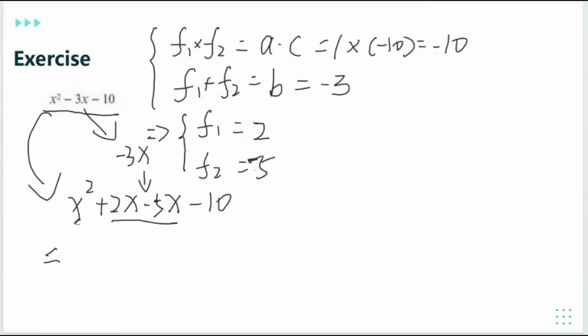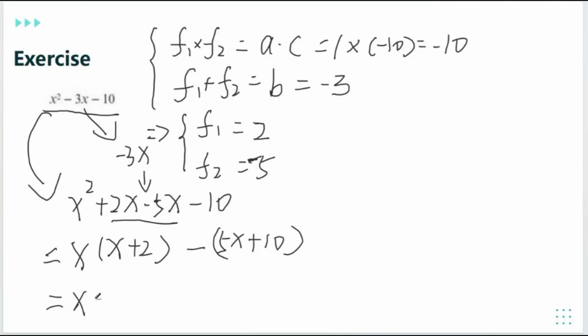Take the common factor x: x times x plus 2, minus 5x minus 10. Pay special attention to negative and positive signs. The common factor is 5: 5 times x plus 2.